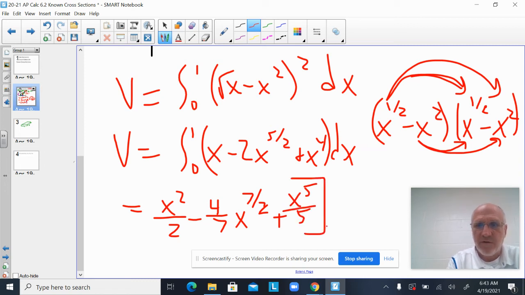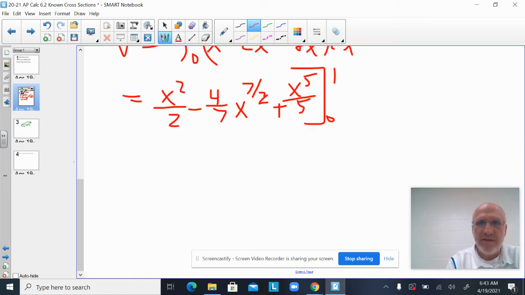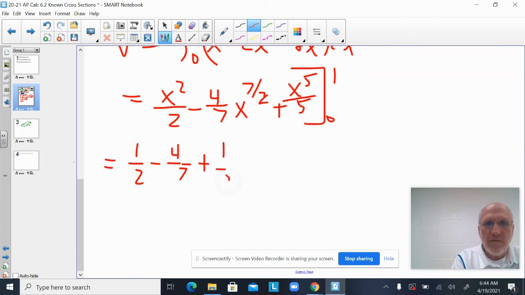That evaluated from 0 to 1. Again, in this example, I like the fact that it's at 0 because when I evaluate that at 0, it's going to be nothing. So I evaluate at 1, I get 1/2 minus 4 sevenths plus 1/5. That's one fraction line. And then officially minus 0 plus 0.